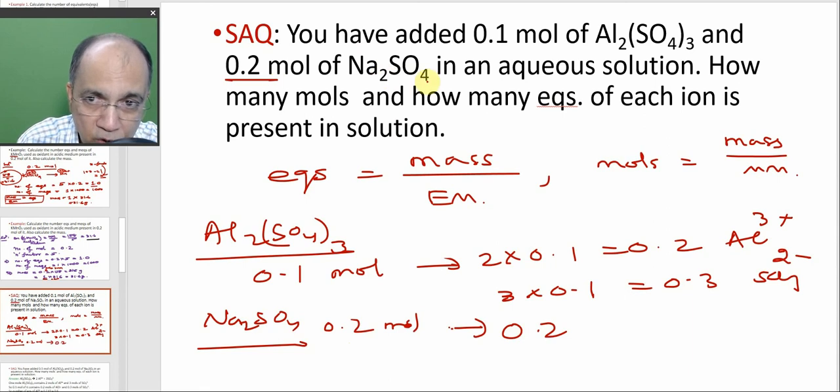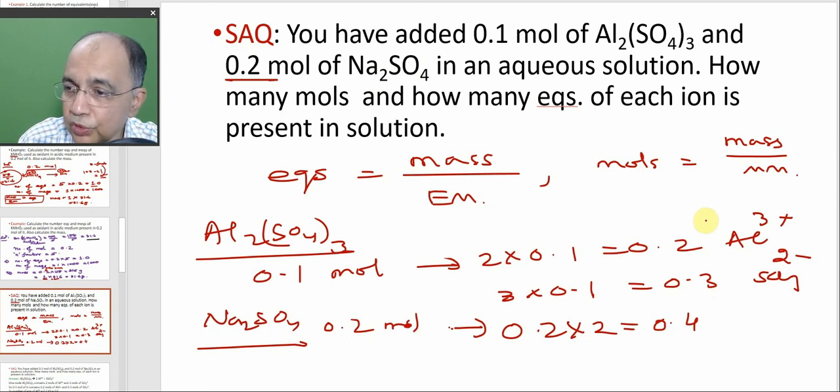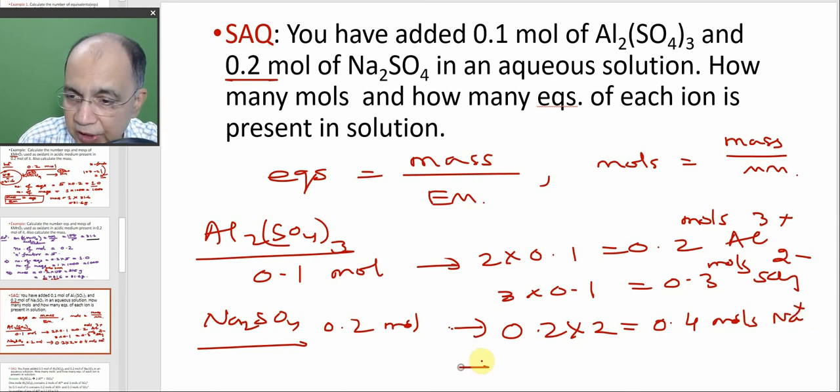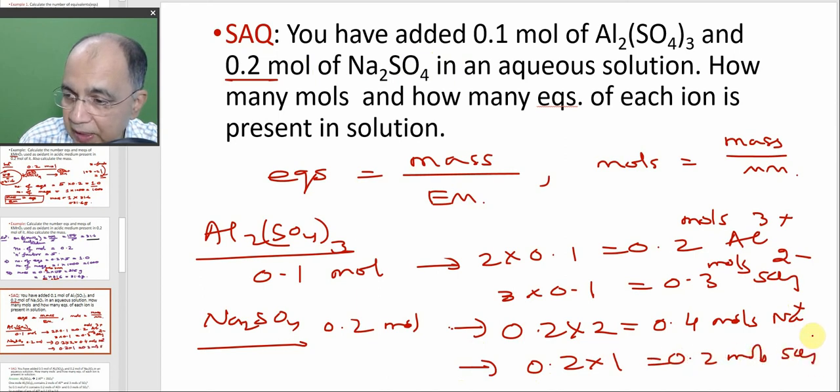So 0.2 mole will have 0.2 into 2, that is 0.4 moles of sodium ion. And there is only one sulfate ion in one formula unit, so 0.2 into 1, that is equal to 0.2 moles of sulfate ion.